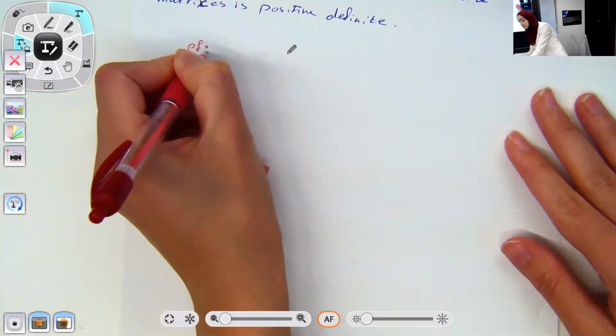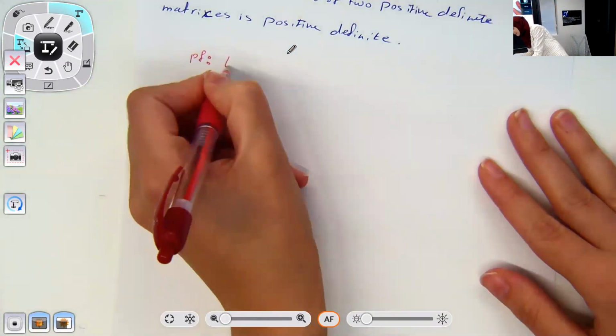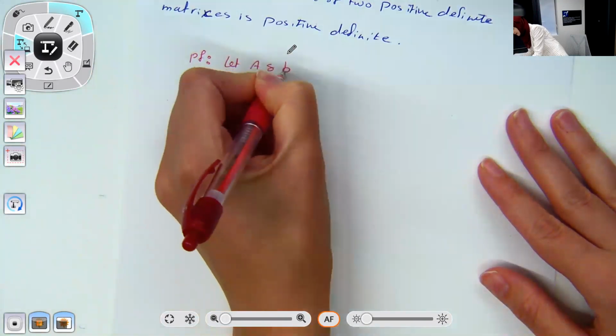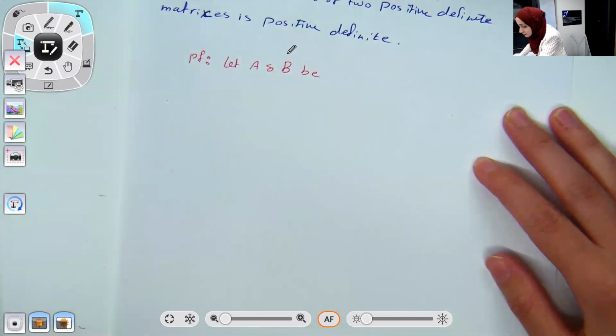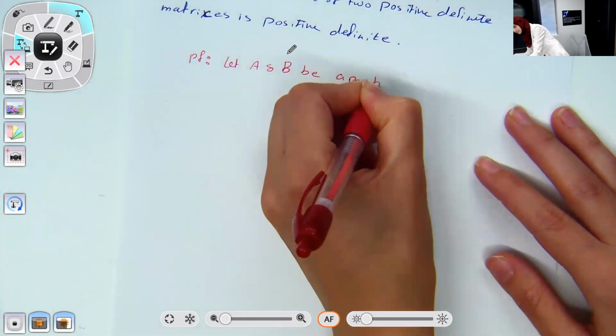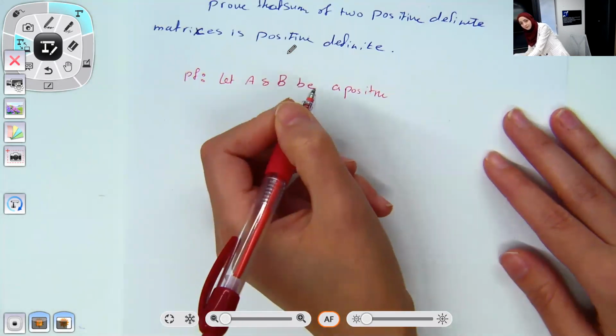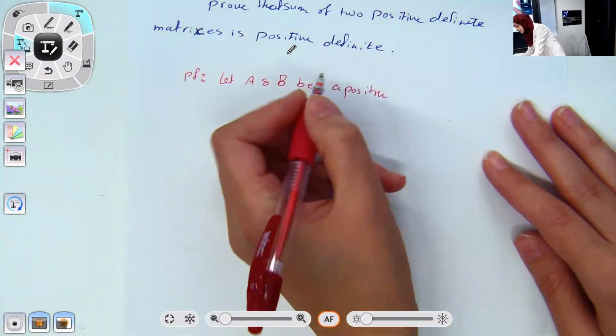At the beginning, suppose that we have 2 matrices, A and B, both are positive definite. Let A and B be positive definite matrices.